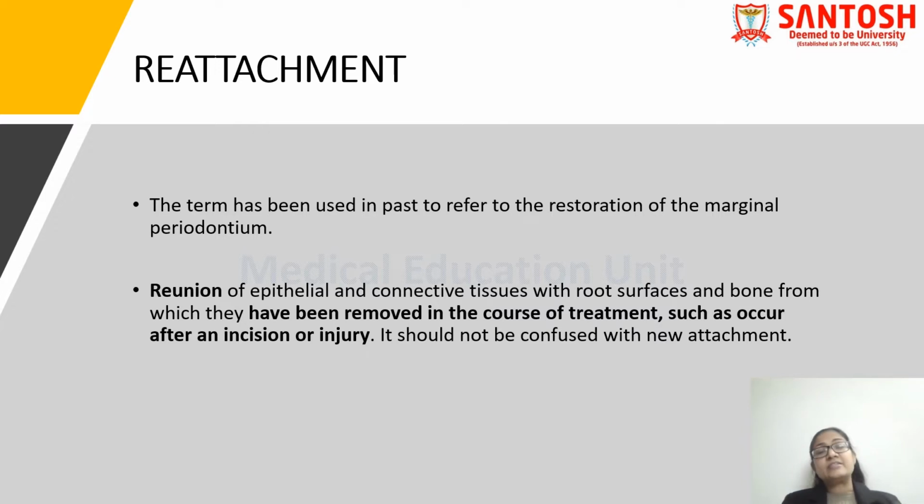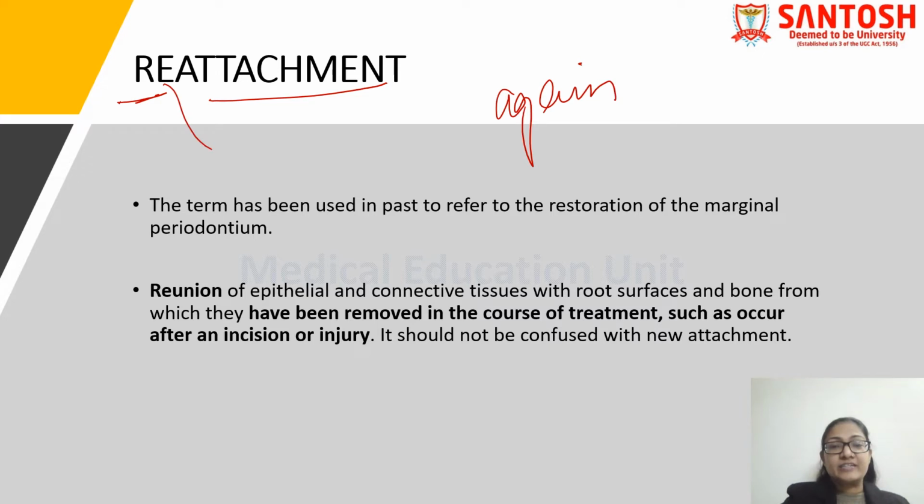Now let us look at what reattachment is. As the name itself says, re and attachment. Re means again, so attachment that is happening again. Very important, this is the reunion of epithelium and connective tissue with the root surface when they have been removed in the course of treatment.